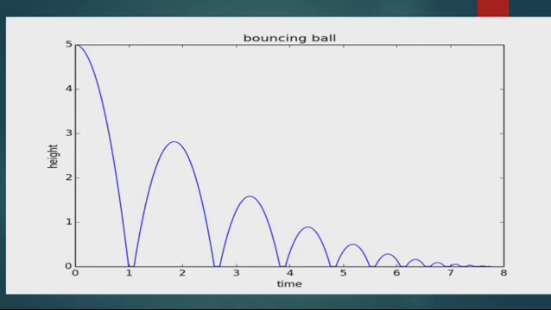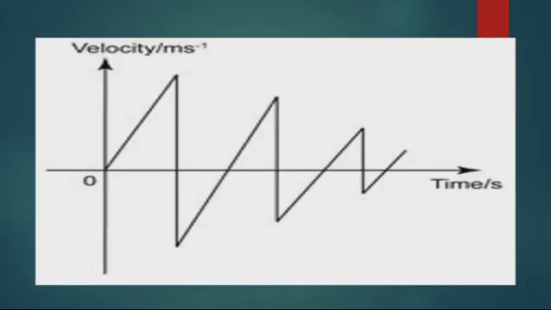The comparative velocity time graph would look something like that. We'd like to see that the gradients of each of the velocity lines is the same. And we can do several calculations with this.